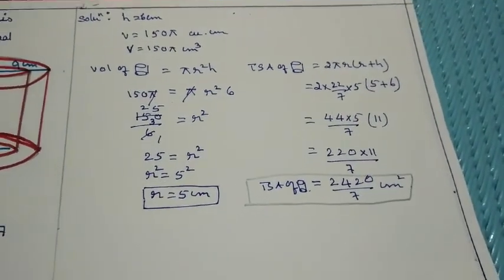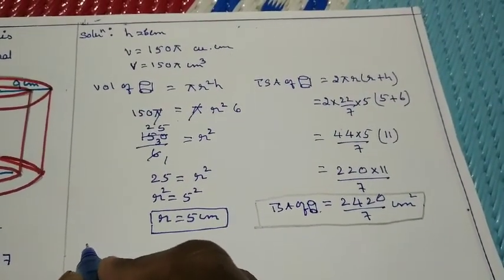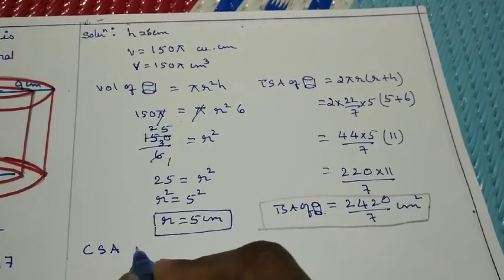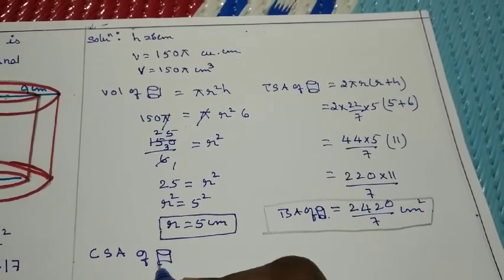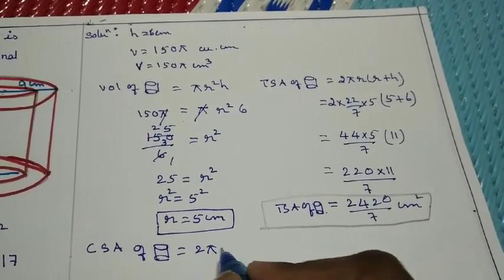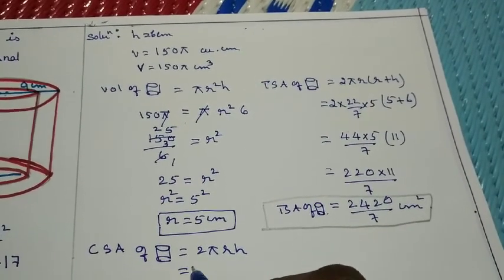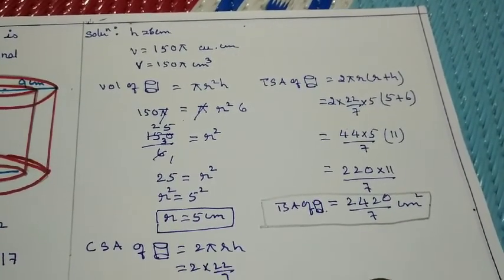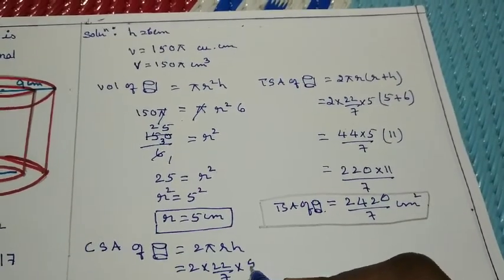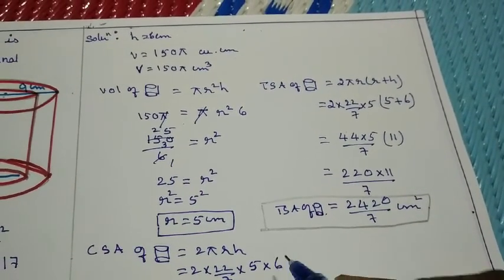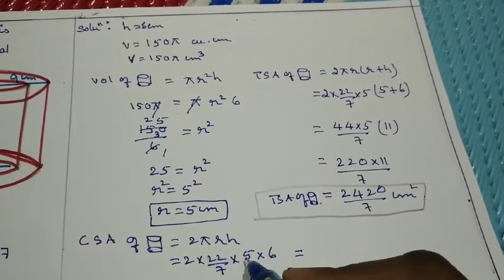Now we need to find the CSA also, because the question asks for both. CSA of cylinder equal to 2 pi rh, then 2 into 22 by 7, and the radius is 5 into height 6. Here also cancellation is not possible.